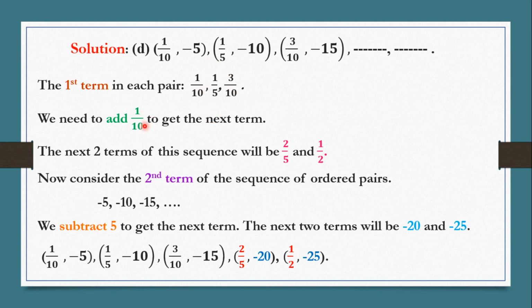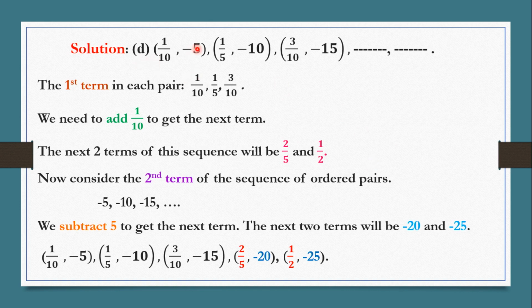So we need to add 1/10 to get the next term. 3/10 plus 1/10 is 4/10. Simplifying, I get 2/5. Now 4/10 plus 1/10 will give me 5/10. Reducing to lowest terms, I will get a half.